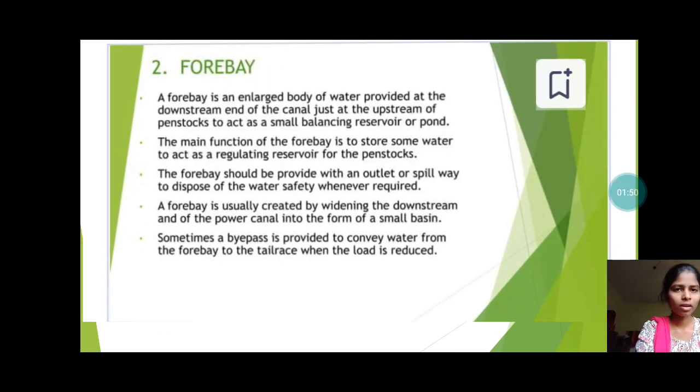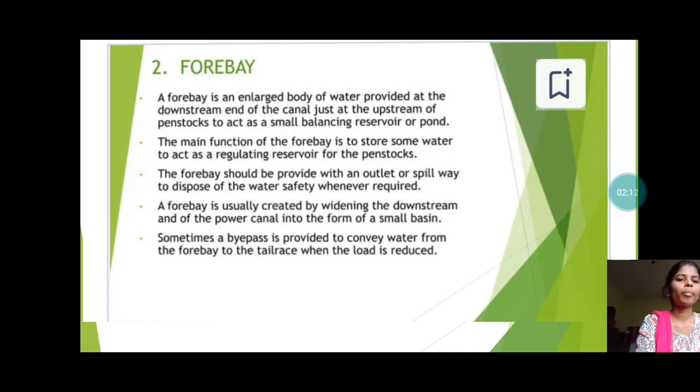This is the forebay. A forebay is an enlarged body of water provided at the downstream end of the canal, just at the upstream of penstocks, to act as a small balancing reservoir or pond. The main function of the forebay is to store some water to act as a regulating reservoir for the penstocks.